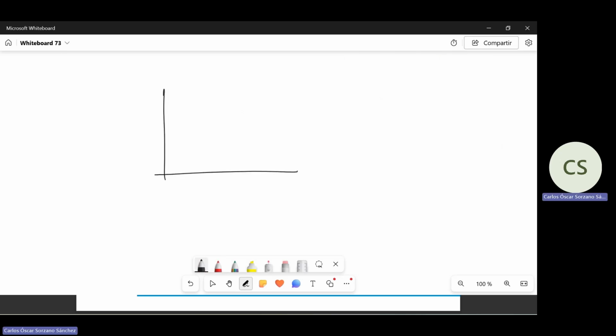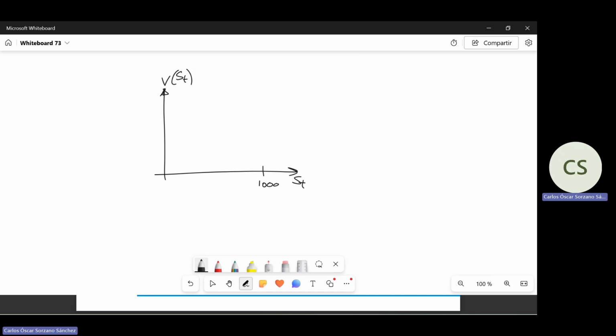My state here is how many units I have. Let's say my maximum is 1,000, so I have all possible states between 0 and 1,000.